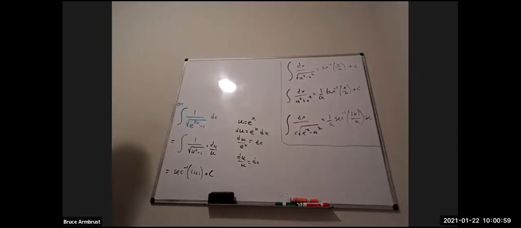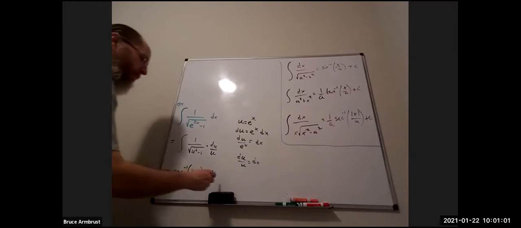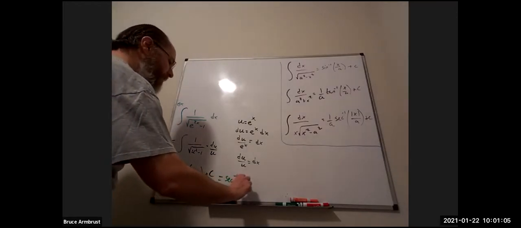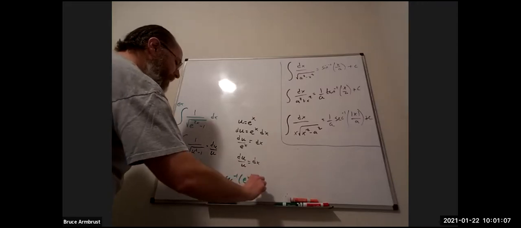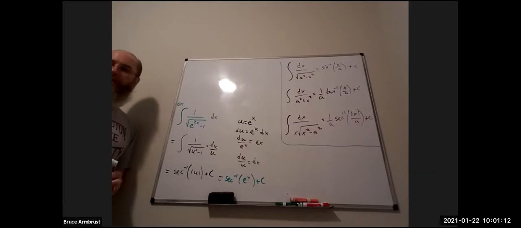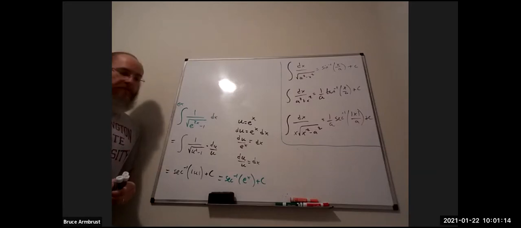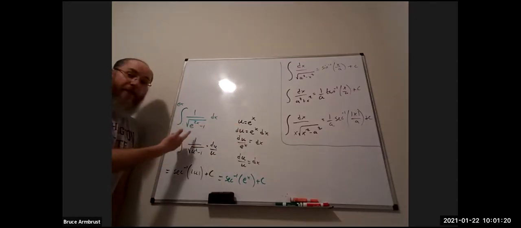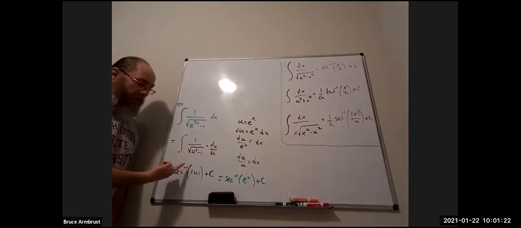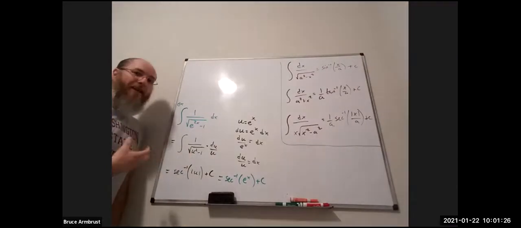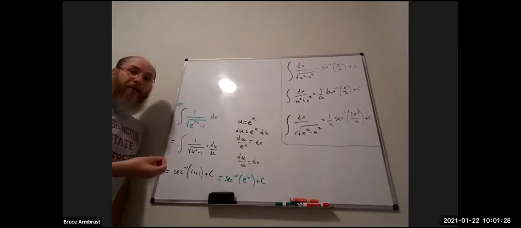All right, but let's plug back in our u. So we're going to get inverse secant of e to the x plus c. So it turns out that using u equal e to the x made this a really simple form, even though it wasn't necessarily the substitution we would immediately think.